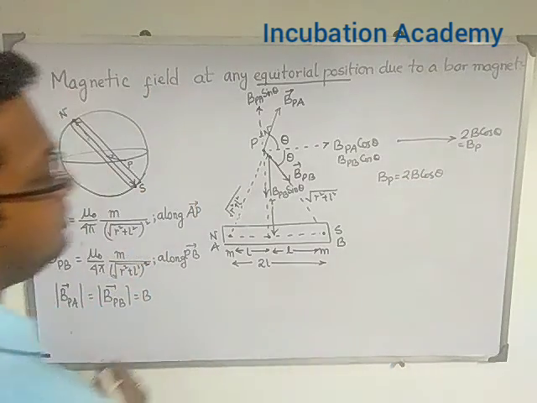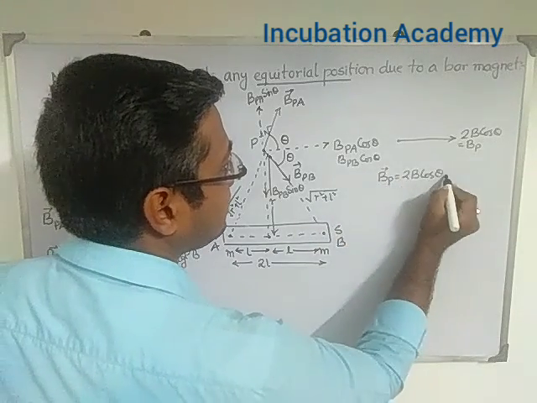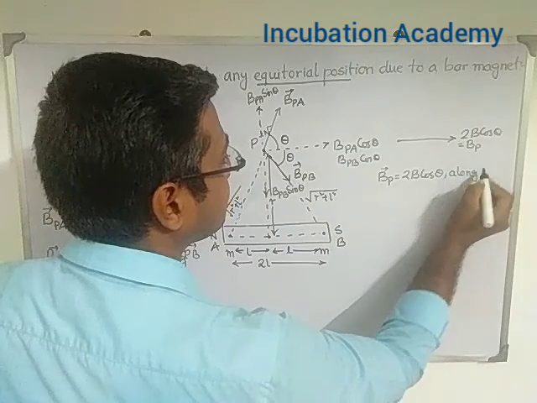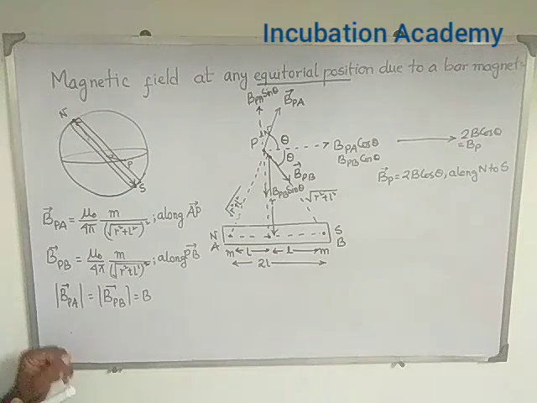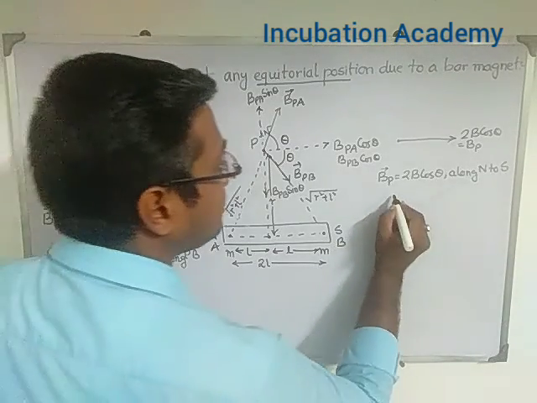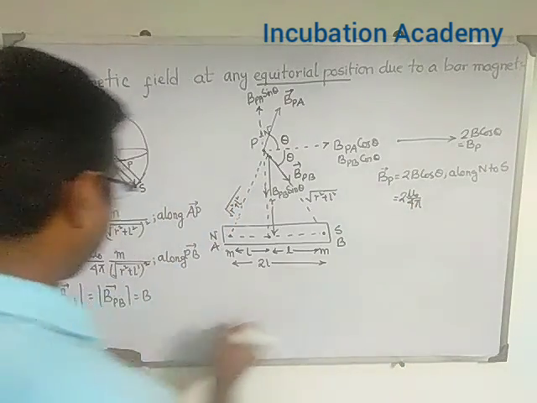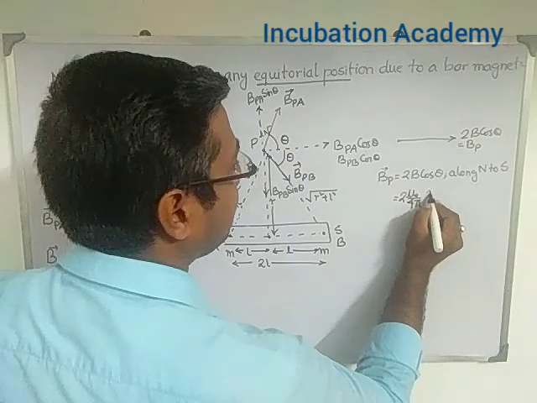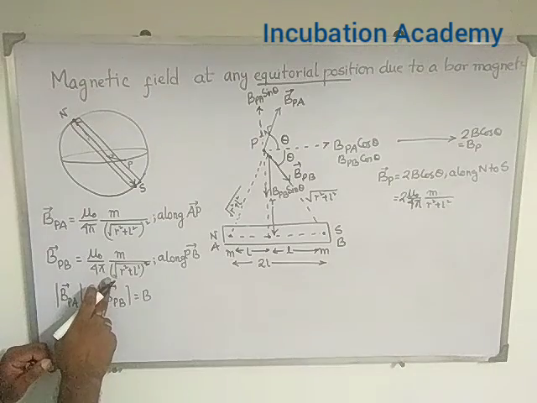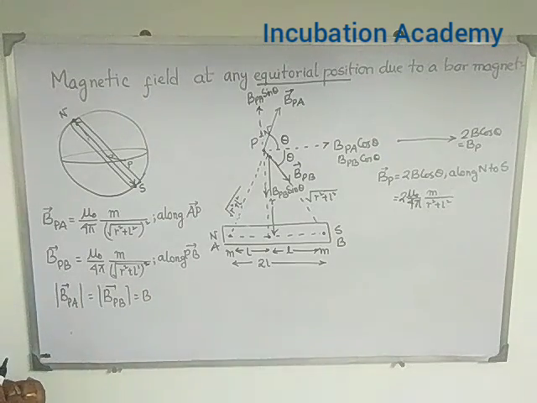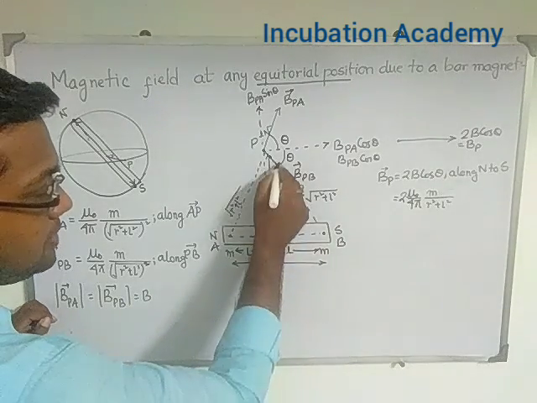But what is the direction of it? The direction is along north to south. So I am putting the vector sign here, along north to south. So what is the value of B? It will be 2 mu naught divided by 4 pi, m divided by r square plus l square, because there is a square root and then a square, so it becomes simply r square plus l square. Now what is cos theta?